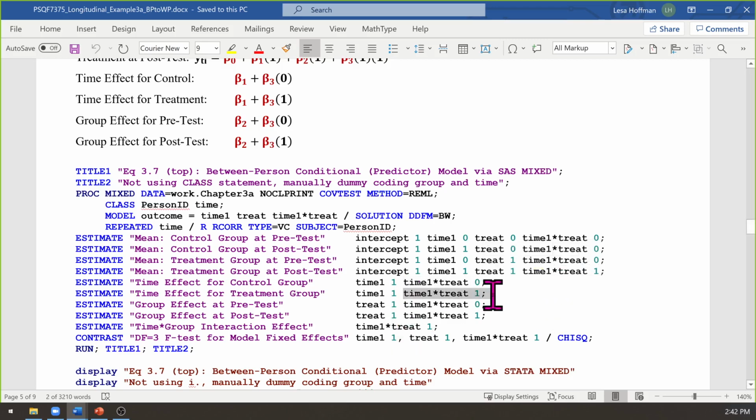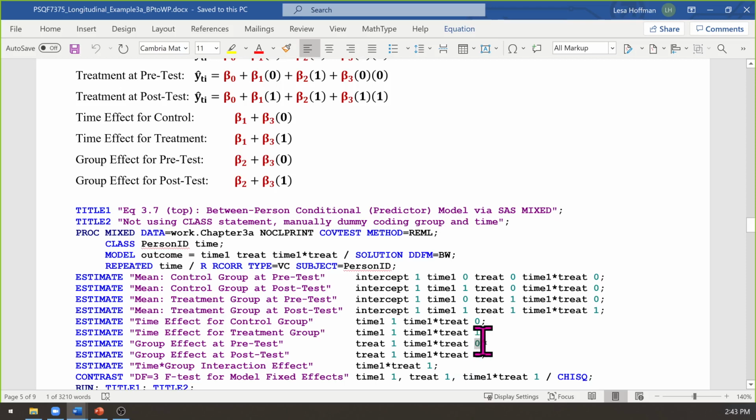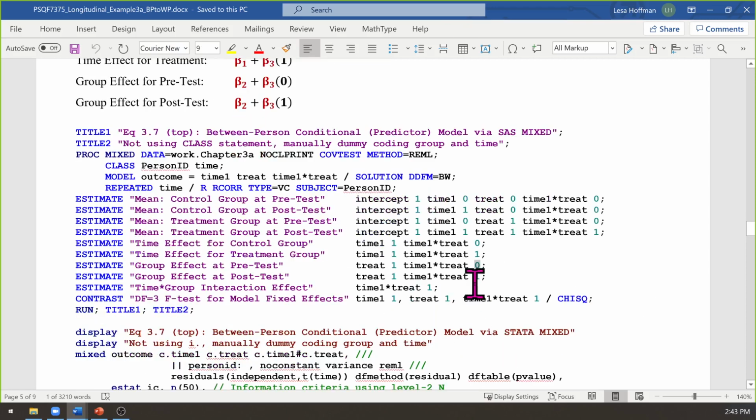If it's 1, I want the effect of time for treatment. Likewise, if I want the simple effects of treatment, then I start with beta 2 at a minimum, and then at what occasion do I want the effect of group? If I want the effect of group at pretest, the modifier is 0. If I want it at post-test, the modifier is 1.